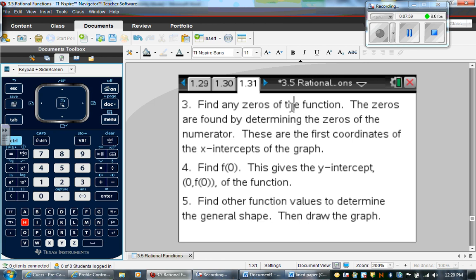The zeros are found by determining the zeros of the numerator, when the numerator equals 0. These are the first coordinates of the x-intercepts of the graph. Then we plug in 0 for x, and that gives us the y-intercept. So set the numerator equal to 0 to find the x-intercepts, plug in 0 for x to find the y. And then we find other function values to determine the general shape, and then we draw the graph.